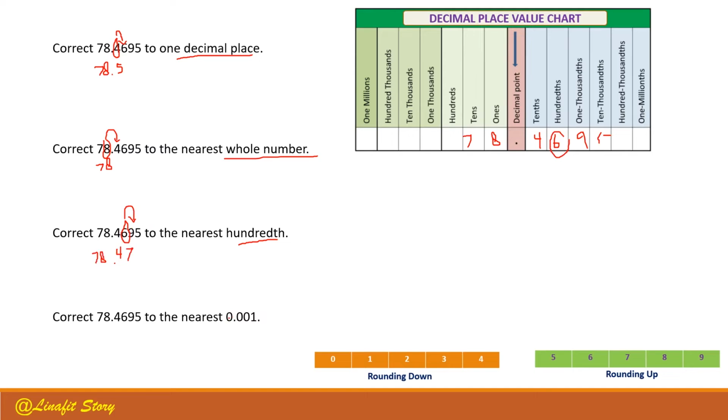To the nearest 0.001. The digit 9. After the digit 9 is 5. So round up. 9 plus 1 is 10. 6 plus 1 is 7. So the answer is 78.470.